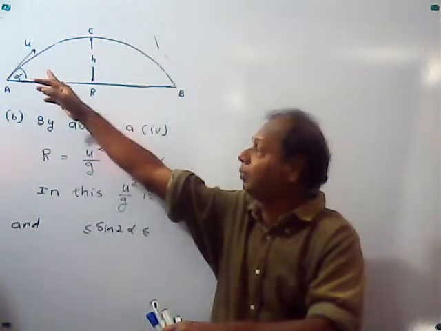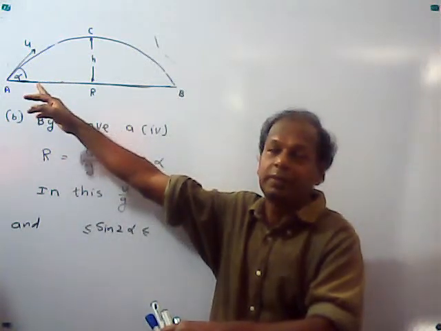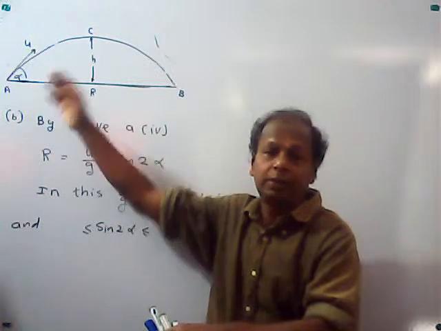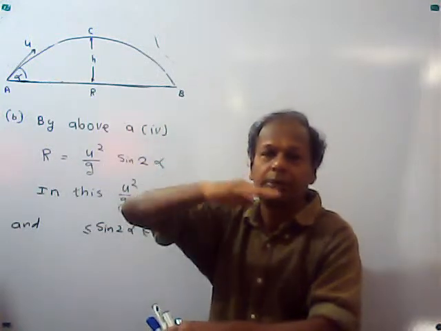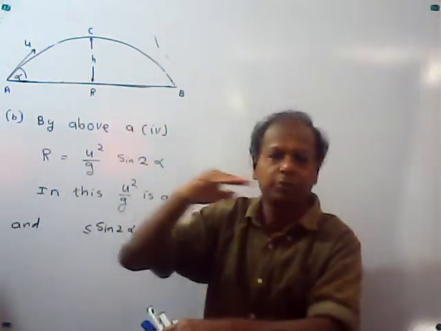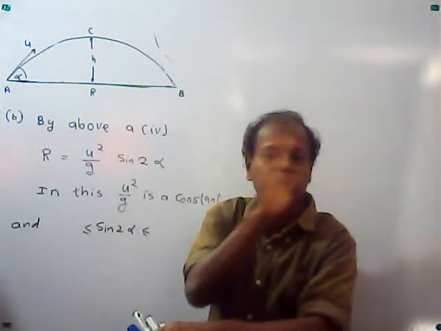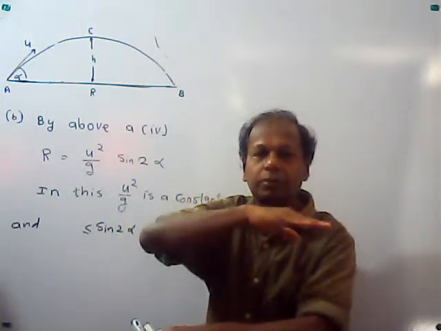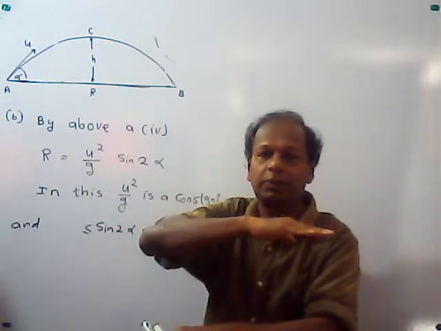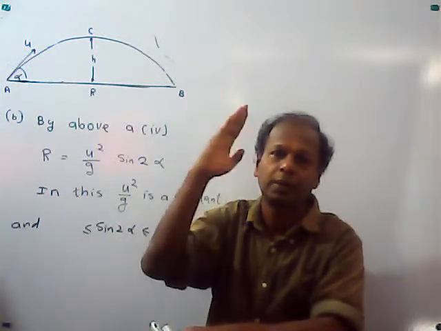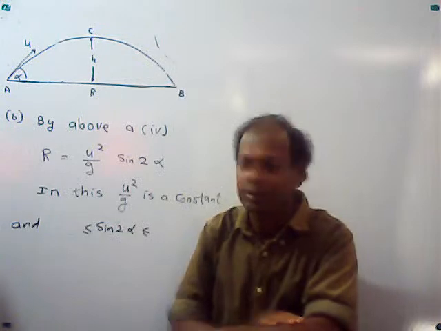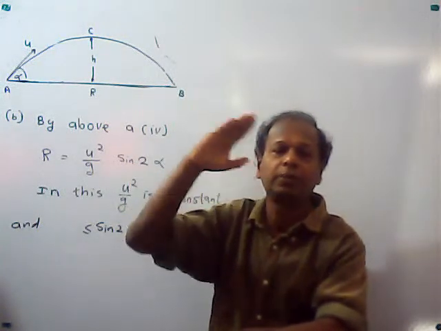Practically, this alpha has to be between 0 and pi by 2.